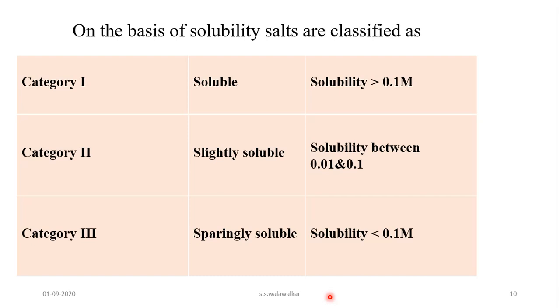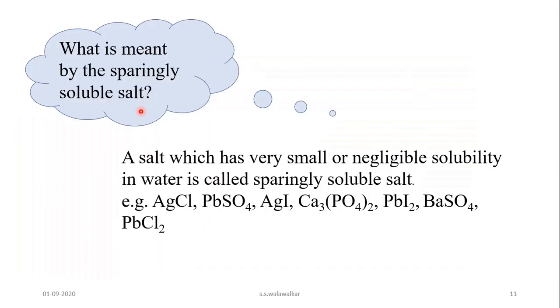Completely insoluble salts. And if the solubility of the salt is much more than 0.1 molar, then it is called a highly soluble salt, such as sodium chloride or potassium chloride. Now, a sparingly soluble salt means a salt which has very small or negligible solubility in water.